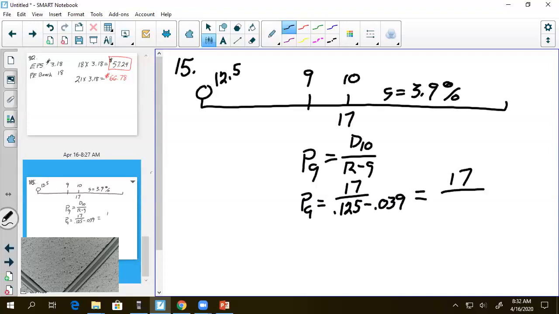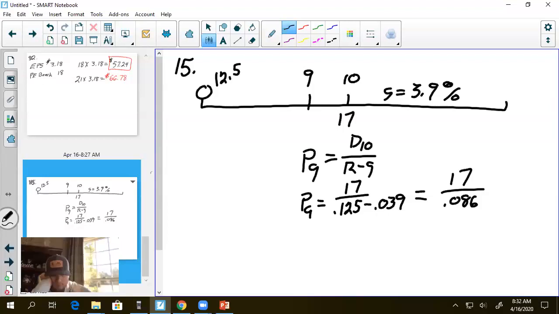So 17 divided by, what is that? 8.6? Is that right? Yeah, 0.086. Okay.